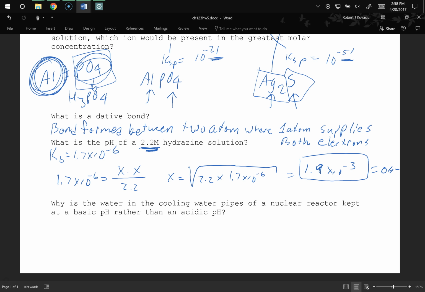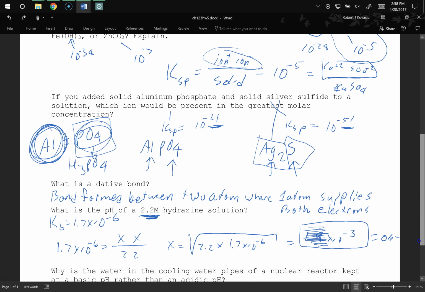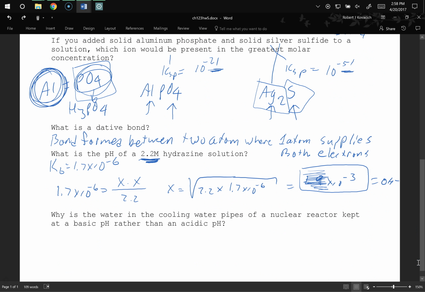If this wasn't here, what would the pOH be? It'd be 3, but that is there, so it's a little bit less, right? A little bit less.